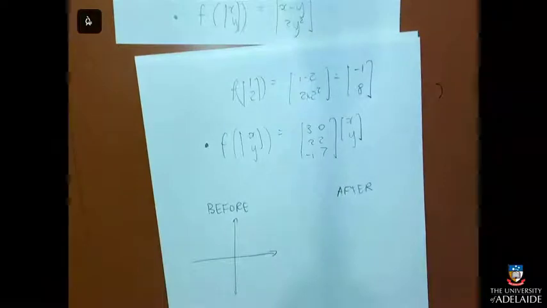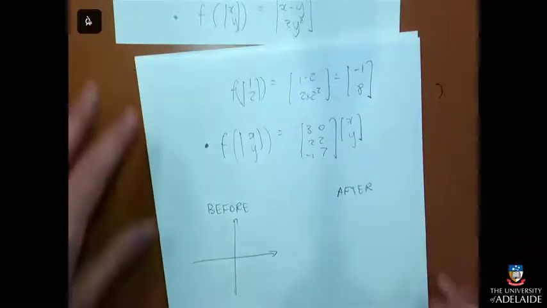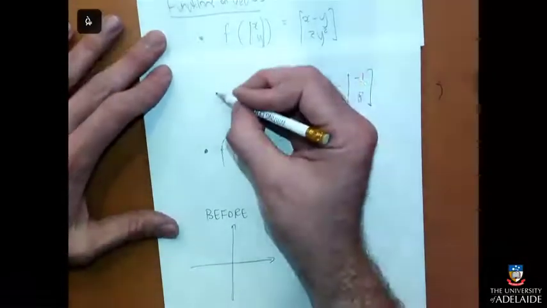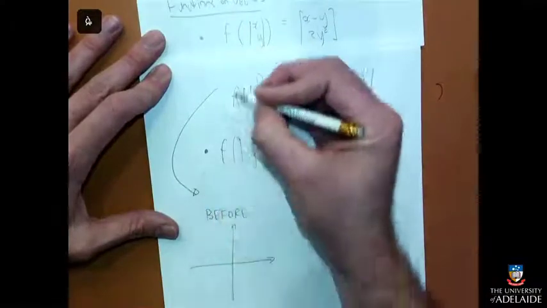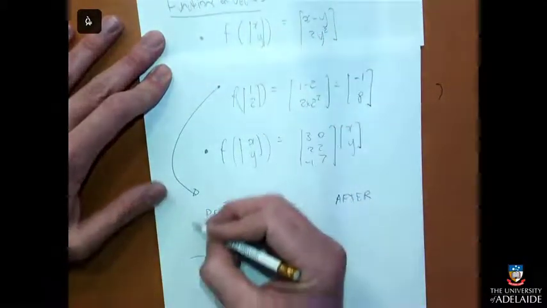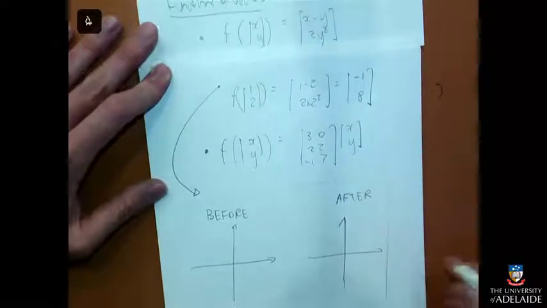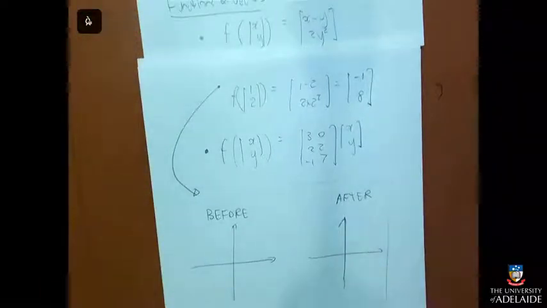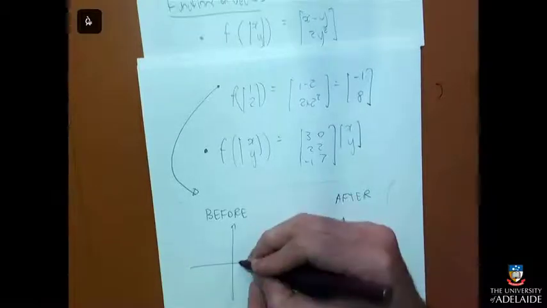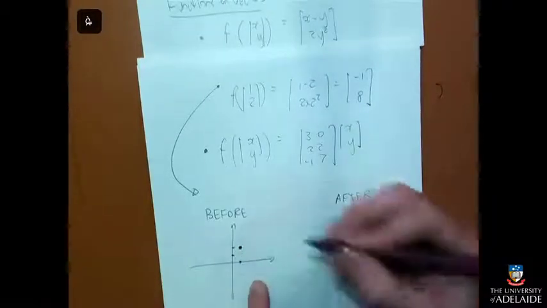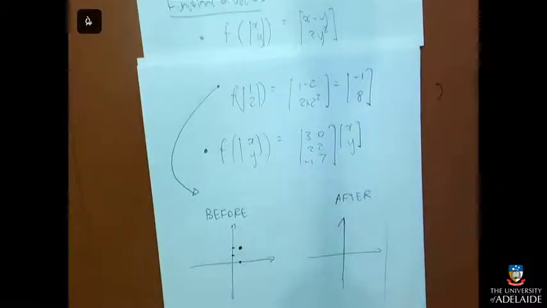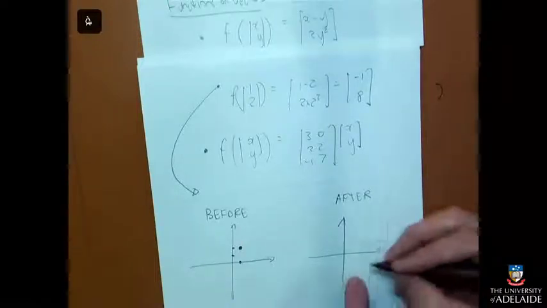Okay, I really should have done this before I wrote down the new formula I was about to do. Sorry about that. How about I just draw a picture of this first one? So what I have here is that before I had 1, 2, which is here, and after I did the function, it produced the answer minus 1, 8.